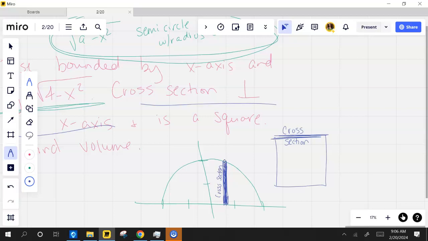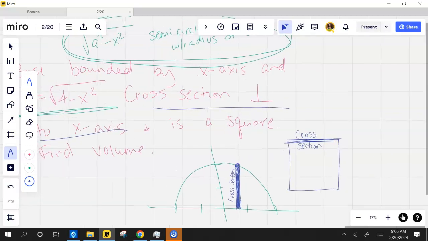How far is it from here to the x-axis? Whatever point we're on, but I want a general. In general, how far is it, no matter where? The square root of 4 minus x squared. Does everybody agree?